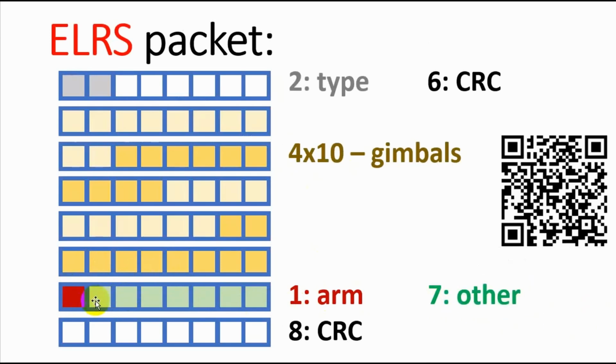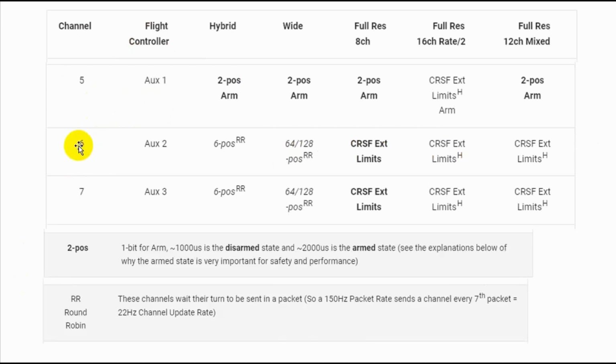Surprise, but how can we put all our lots of switches and buttons or whatever to 7 bits? Let's check the website. Okay, 6, 7 and so on. We have 6 position for hybrid, or we've got 36 or 64 or 128 position, but we've got this RR, and RR means round robin. What does it mean?